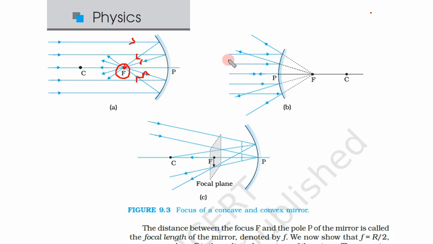In case of the convex mirror, after reflection, the rays only appear to be meeting at a point, which is called the principal focus of the convex mirror. Here they are diverging, so they can meet only if we extend them inwards. Here they are converging, so they will actually meet at point F.